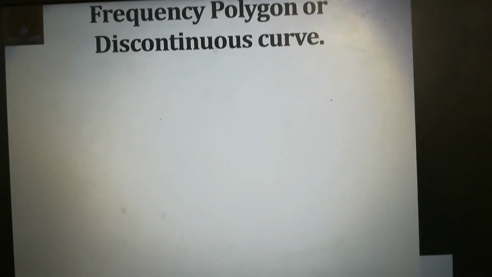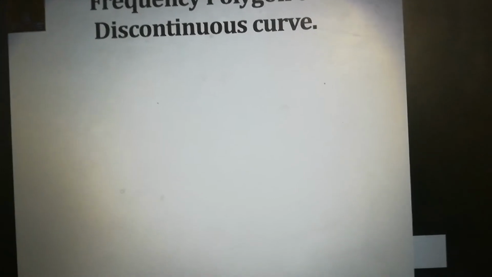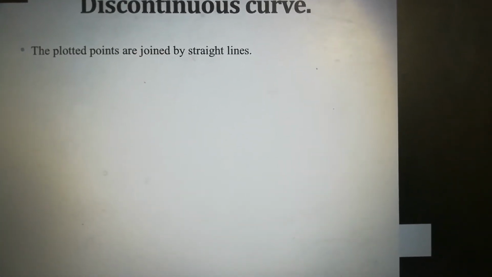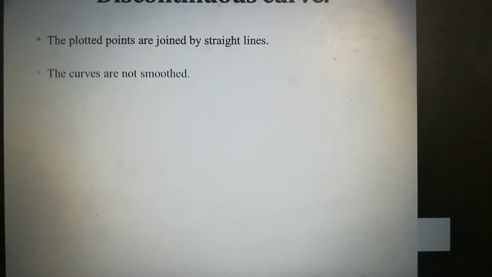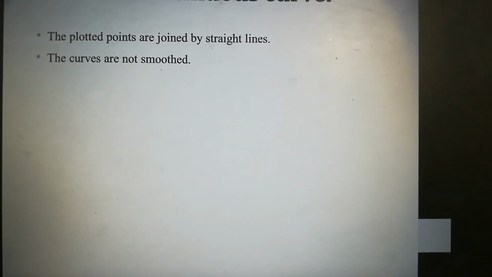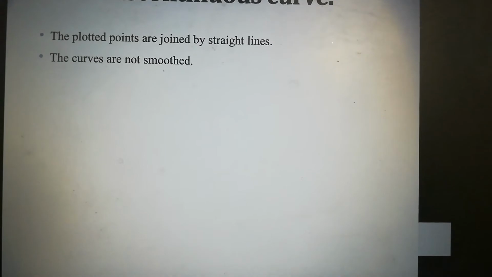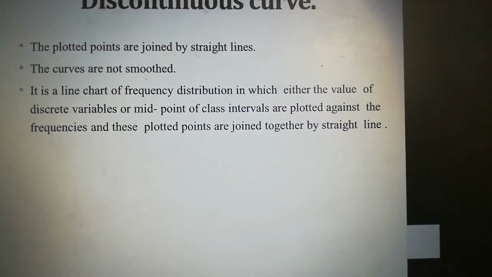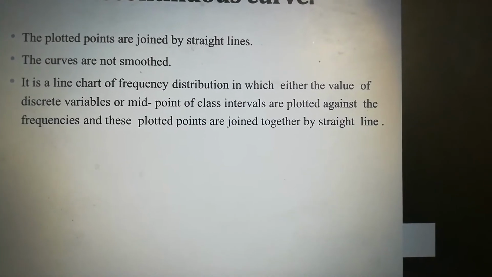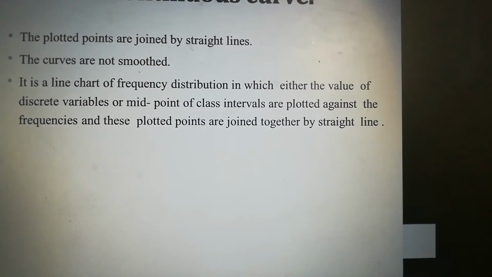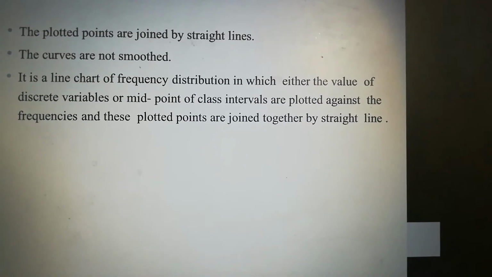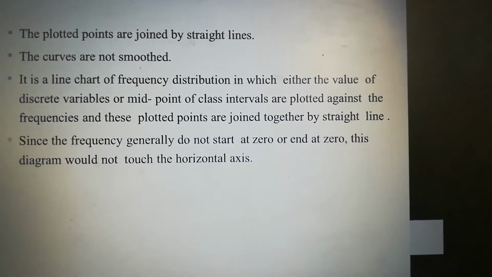So the frequency polygon or the discontinuous curve is plotted with straight lines, and it is not a smooth one. It is a line chart of frequency distribution, either discrete variable values or the midpoint plotted against the frequency by a straight line.